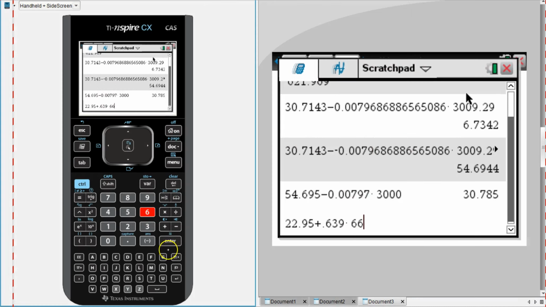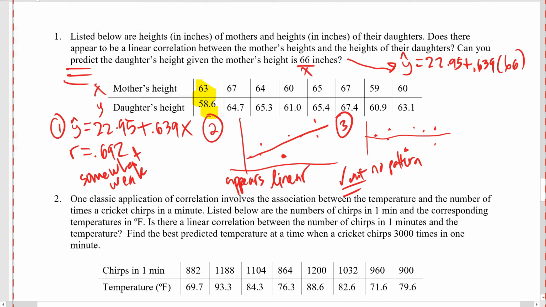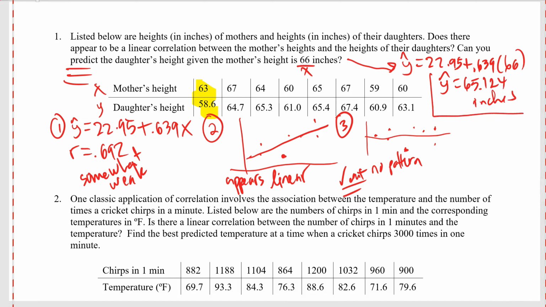So with a mother's height of 66, we predict the daughter will be 65.124 inches. That is a predicted Y. Rinse and redo.